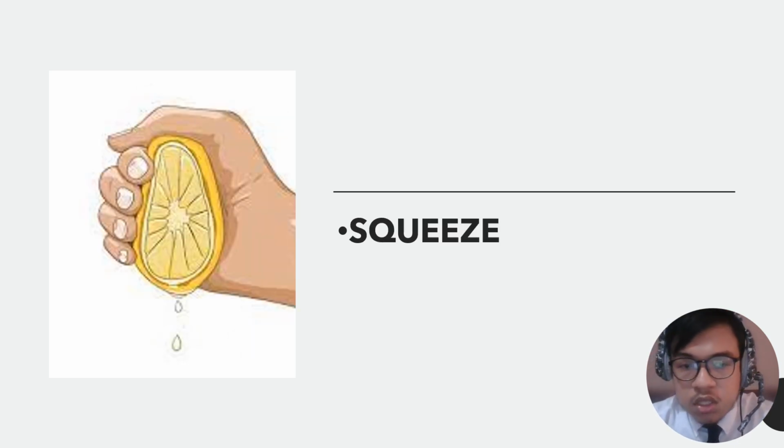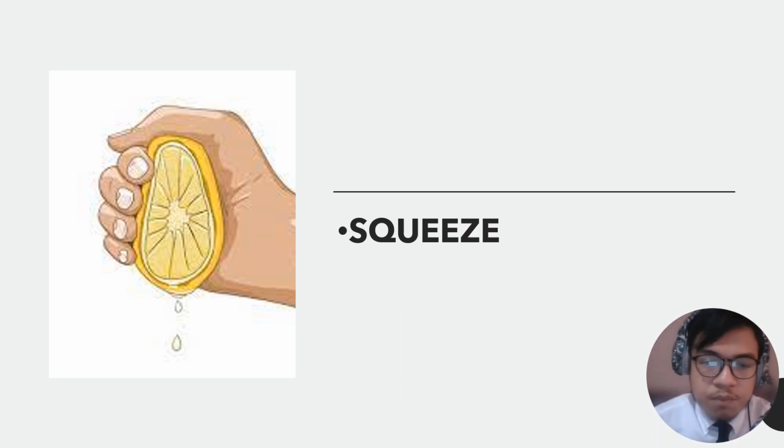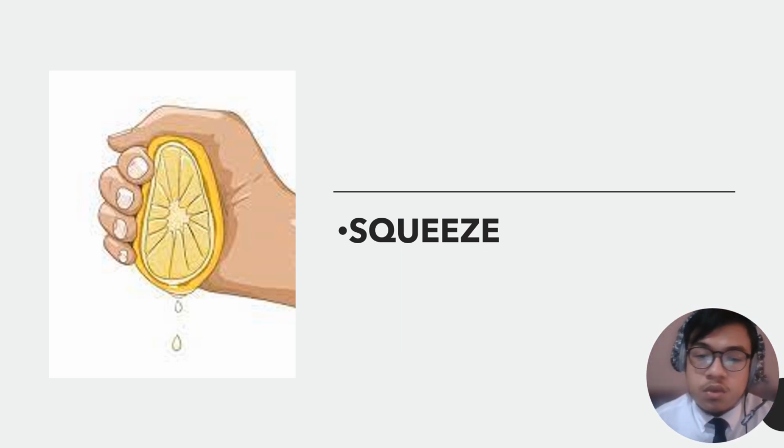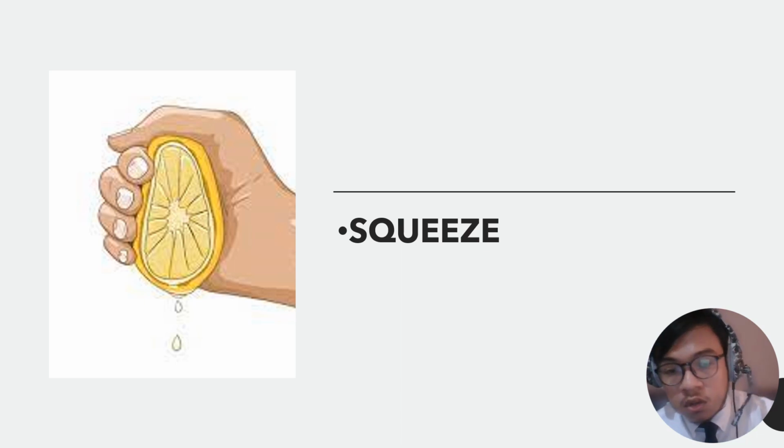Let's go to the next word. The next word is squeeze. Squeeze. Excellent. Nice pronunciation. And the picture you can see in this example is a lemon. When you make lemon juice, a lemonade, you squeeze the lemons or not?